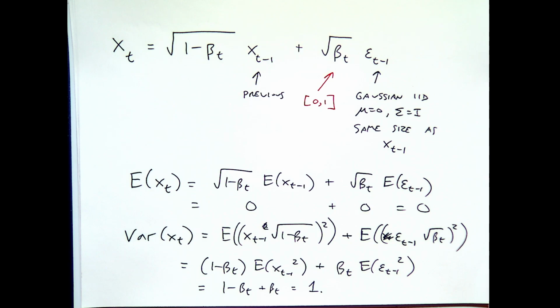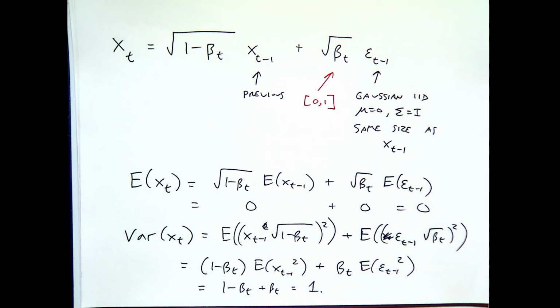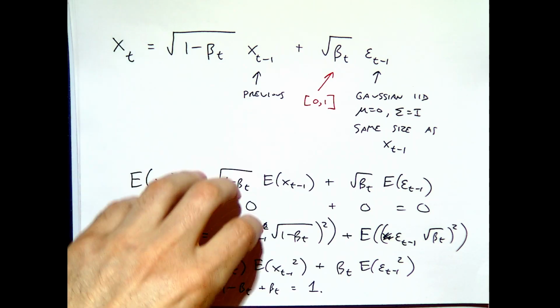Now, one thing that we could do is, if I wanted to think about what is happening at the 58th iteration, I should be able to write that 58th iteration as some contribution of the original image plus some contribution of noise, right? So let's just take a look at one step of this.